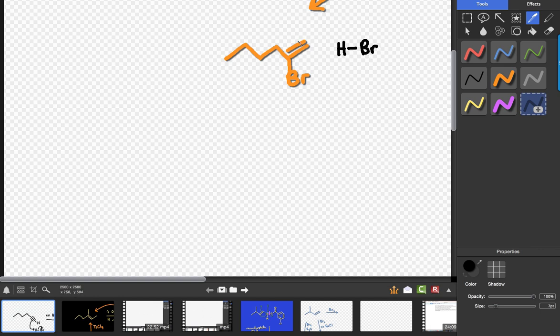Now, resonance is relevant. It's not a huge contributing factor, but the carbocation that is on the carbon attached to bromine is more stable. So again, here's the new carbon-hydrogen bond that I made.